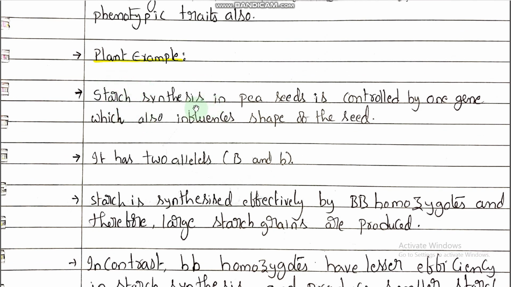Starch synthesis in pea seeds. The synthesis of starch in pea seeds is controlled by one gene, which also influences the shape of the seeds, right? The major control is synthesis of starch in the pea plant, and the other is the shape of the seed.